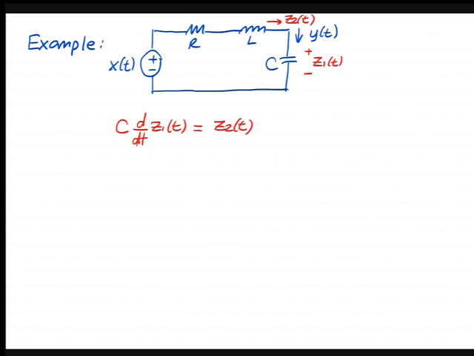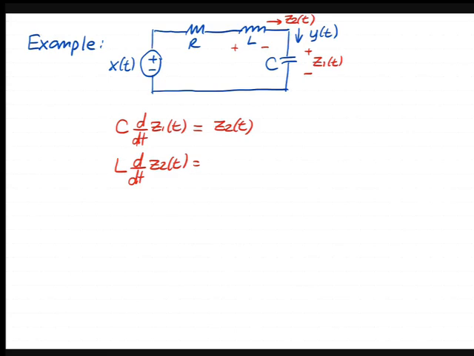Okay, and then for z2 we have to write this equation. L times d by dt of z2, that is the voltage across this inductor, right? Now we use KVL around this loop, right?